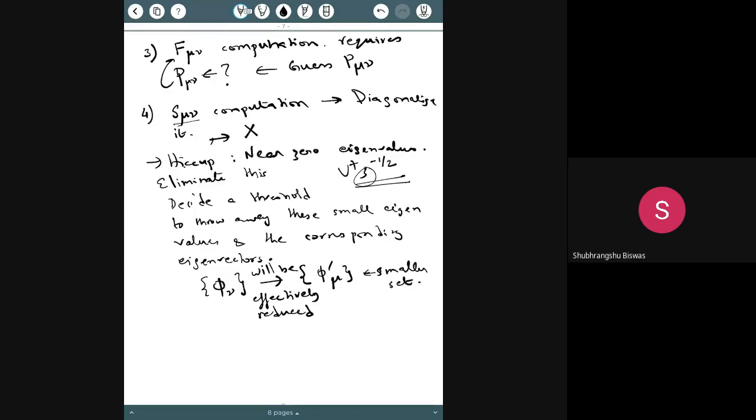Okay, but this is only implicit. So you will only throw away the eigenvalues, and then your X will become a rectangular matrix.